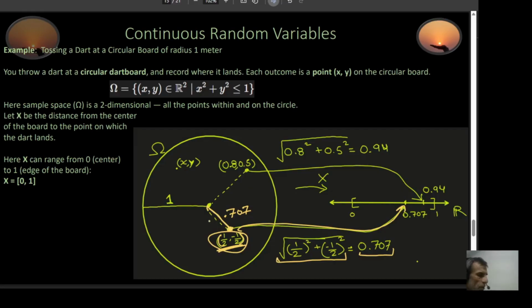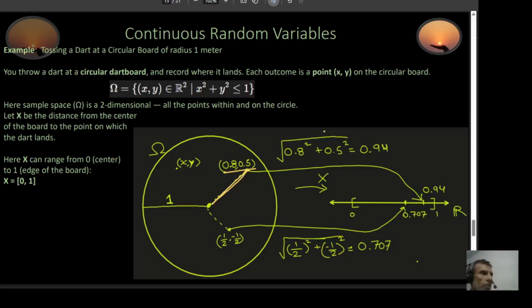Same thing, now you do the same with the other one. Let's take a look at this one right here. This point is 0.8, 0.5. Using the Pythagorean theorem to find the distance from here to here, the answer comes out to be 0.94. So this point gets mapped to 0.94 right here.